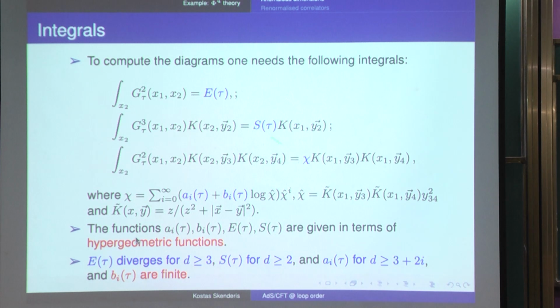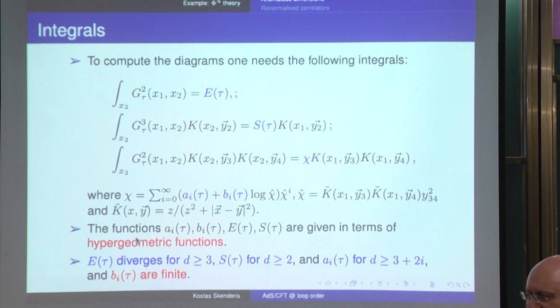So we have e of tau, s of tau, and then there is a chi, which is given by that expression. Chi contains a and b. The epsilon dependency would come in the next slide. These are convergent integrals in the IR.